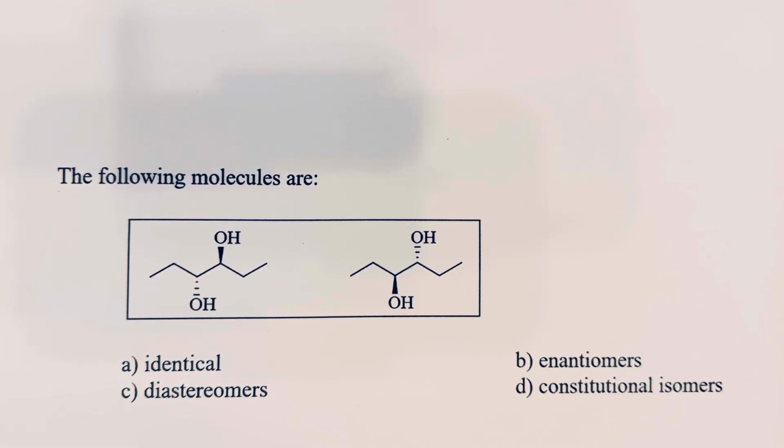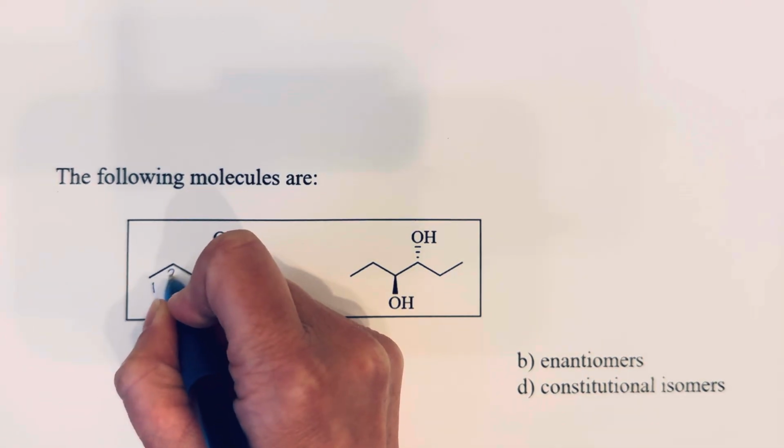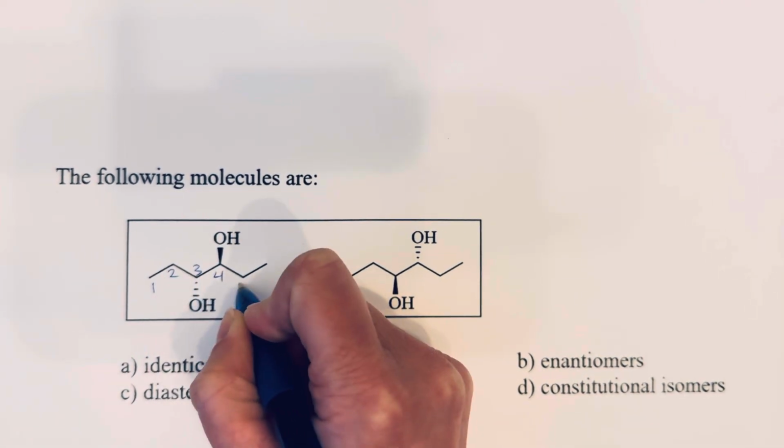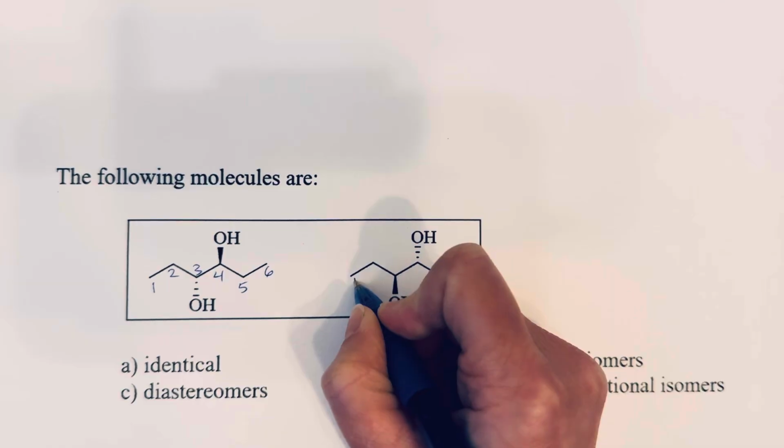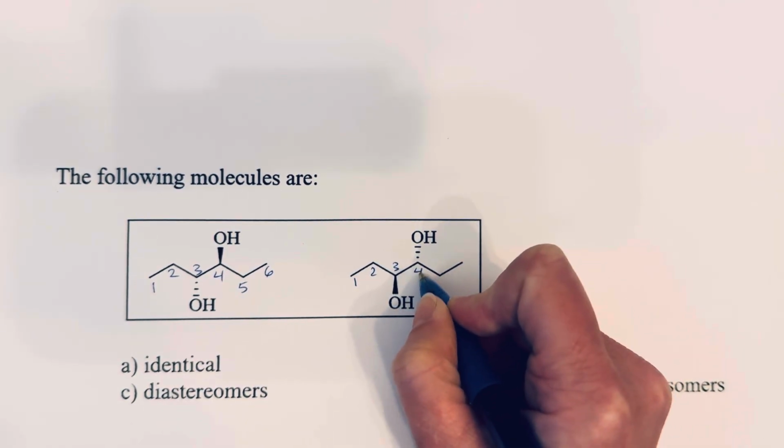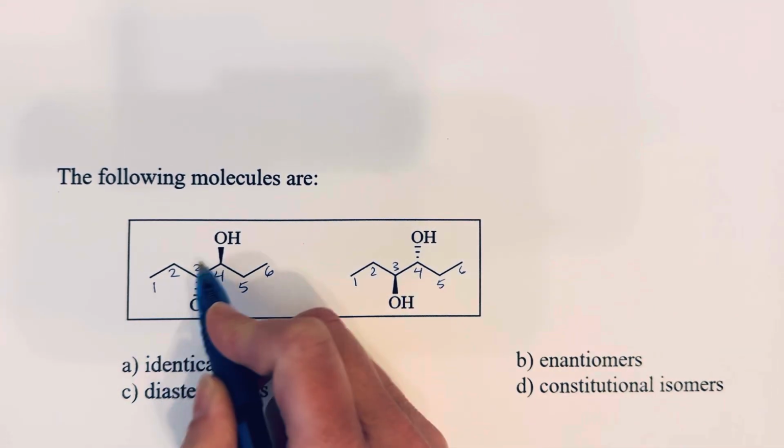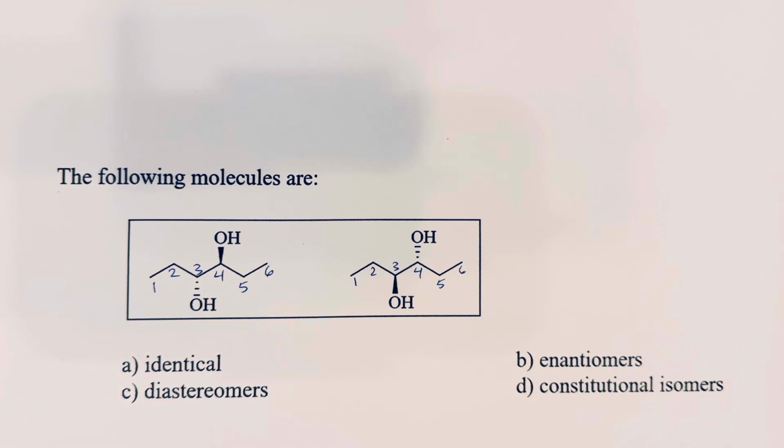The first thing we're going to do is quickly number the carbon chain to see if these have the same name in terms of the principal chain and where the functional groups or substituents are located. That would tell us if they are constitutional isomers or not, because constitutional isomers are connected together differently.